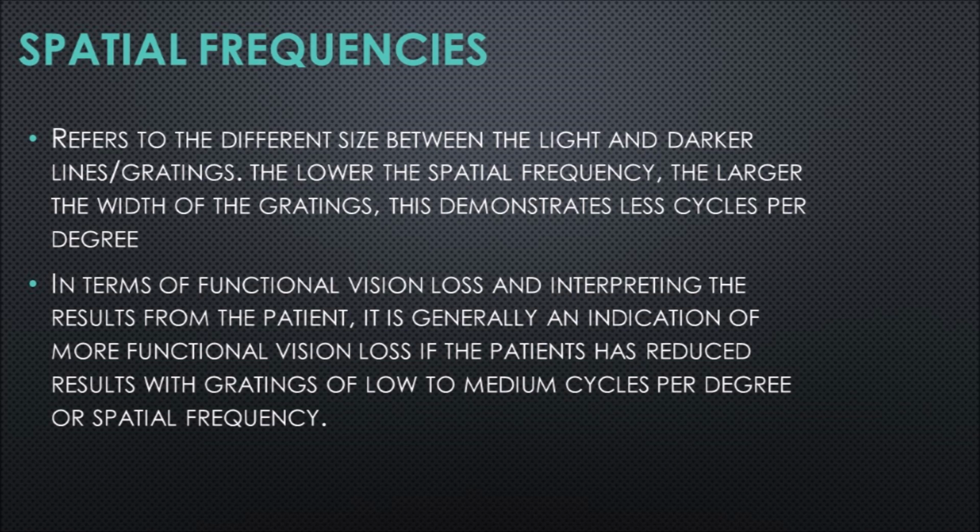As an everyday example of a low spatial frequency object, this could be a bus on the road. Therefore, it is quite debilitating for a patient to have reduced contrast sensitivity in low spatial frequency compared to high spatial frequency, as a high spatial frequency refers to more visual acuity. This could be seeing the number on the bus.